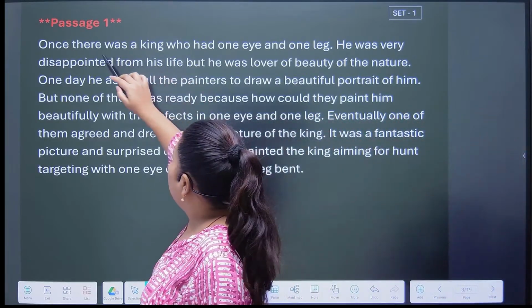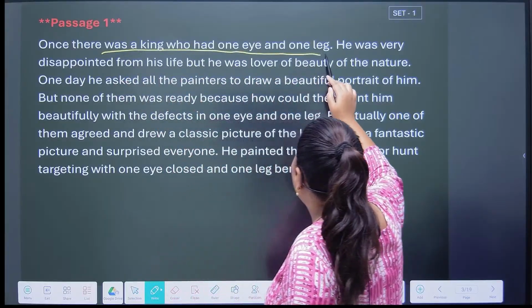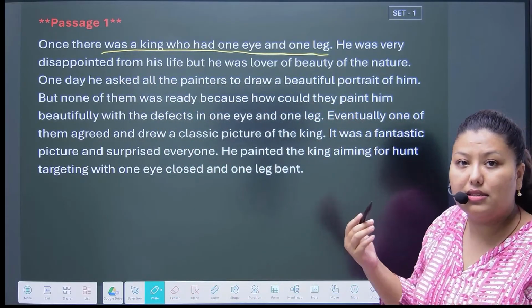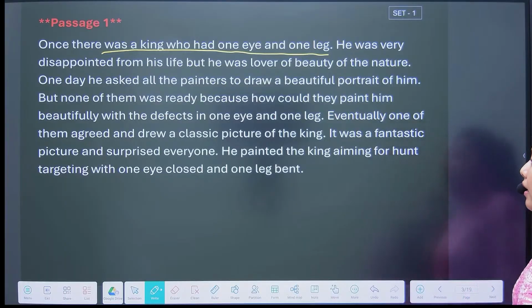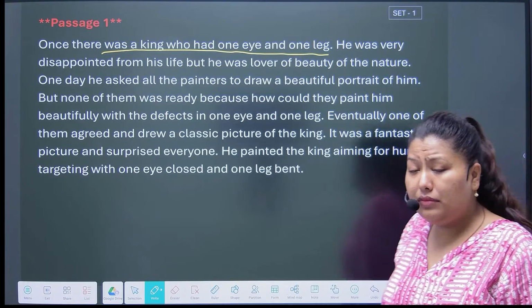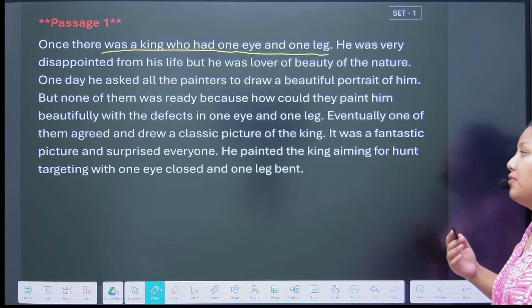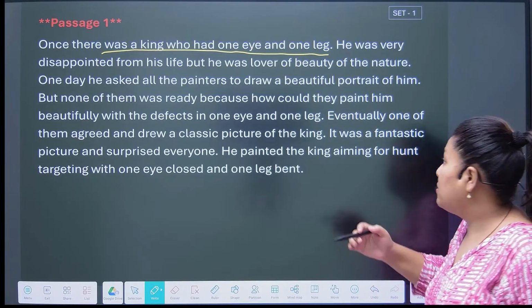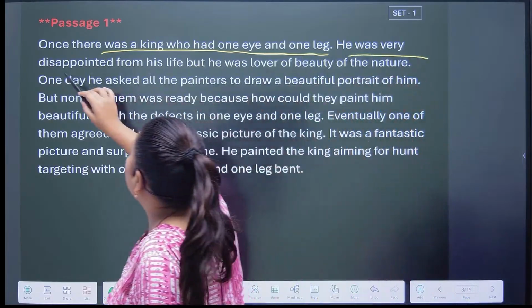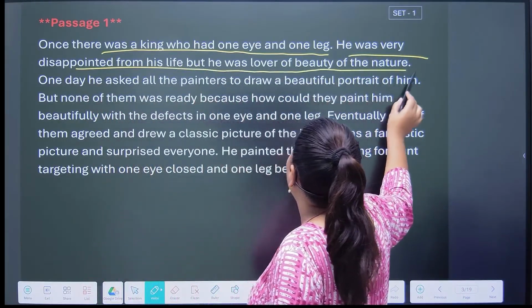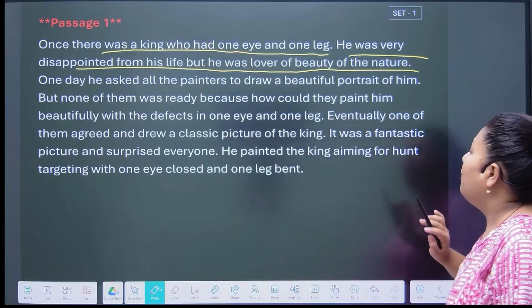So there was a king who had one eye and one leg, and these were his disabilities. Okay. And how does the king feel about his life? So he was very disappointed with his life, but he was a lover of the beauty of nature.